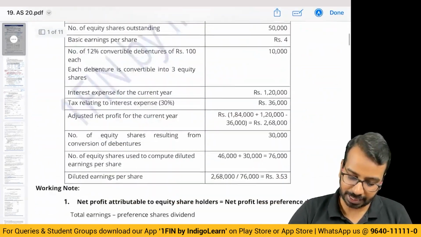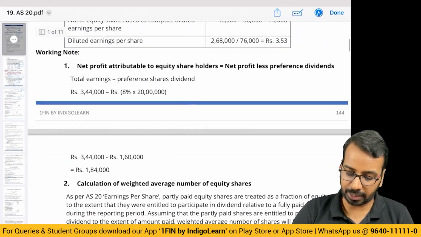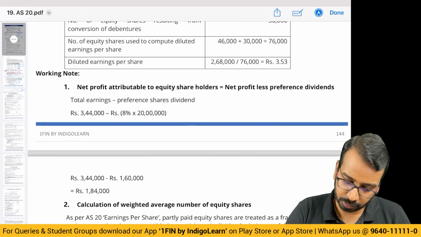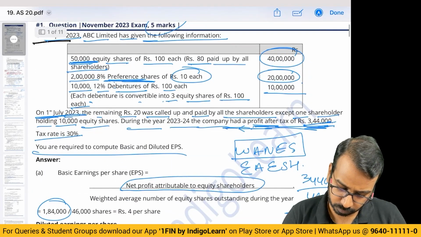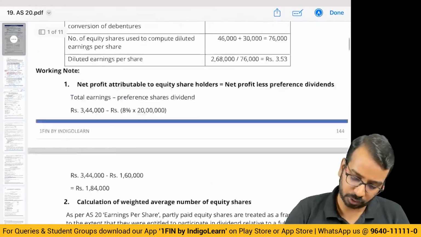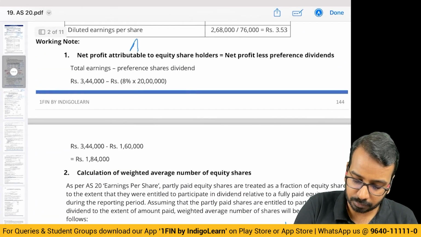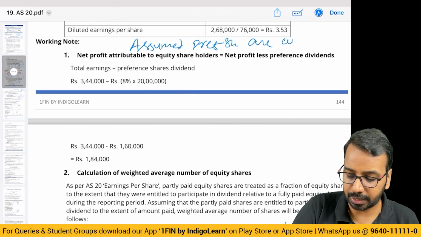Then second is for diluted EPS. Now for diluted EPS, what do we do? Okay, so here they have assumed preference shares are cumulative.